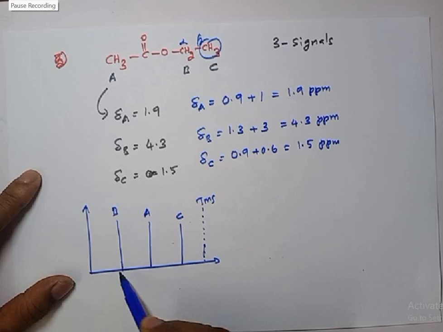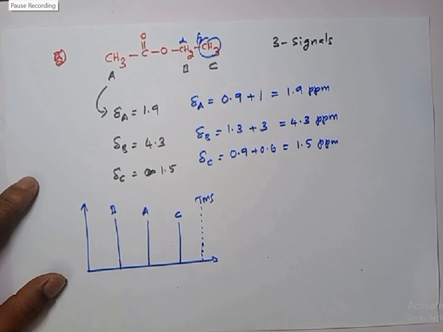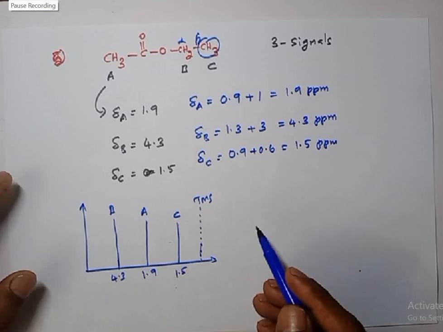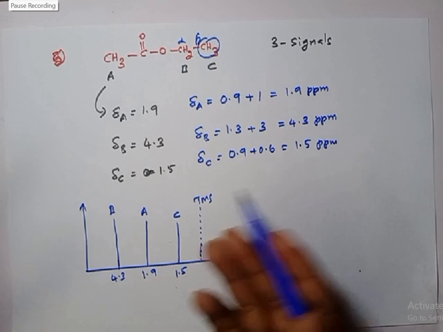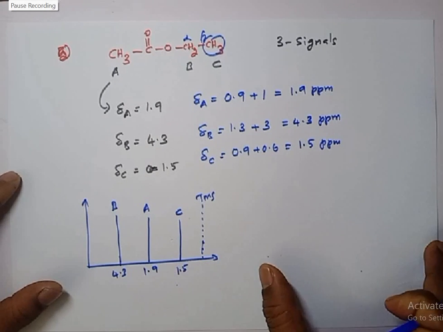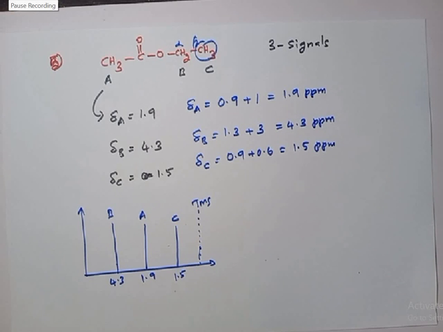We get signals like this. This is at 1.5 chemical shift, this is at 1.9, and this is at 4.3. Then in the high resolution, splitting will occur, so you can draw a rough sketch of the NMR spectrum in high resolution.